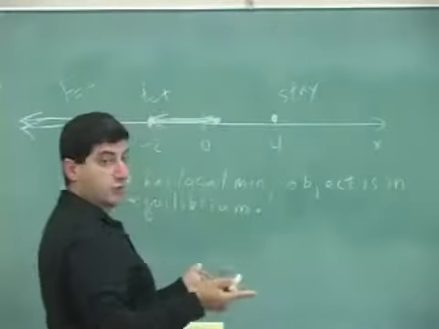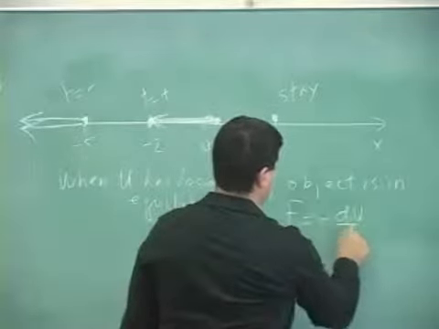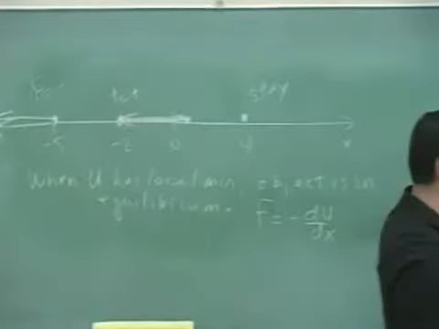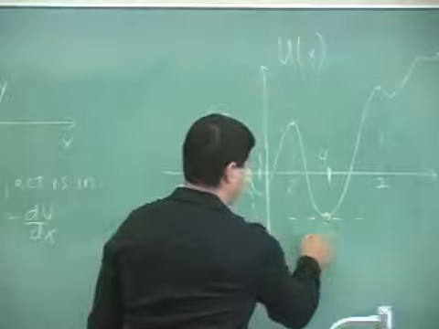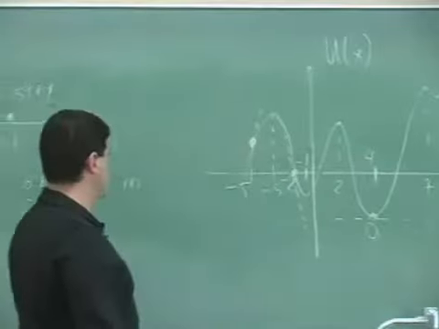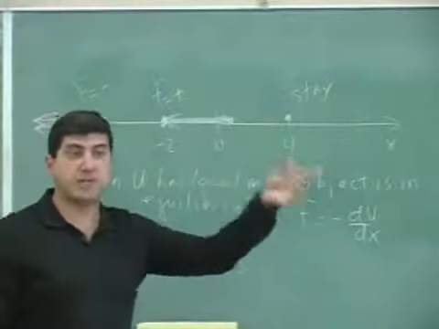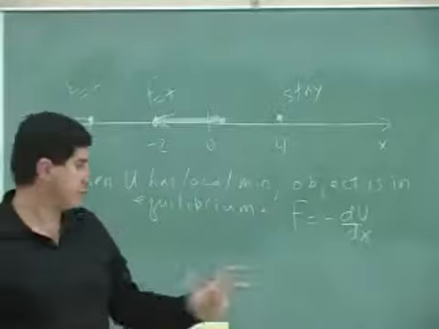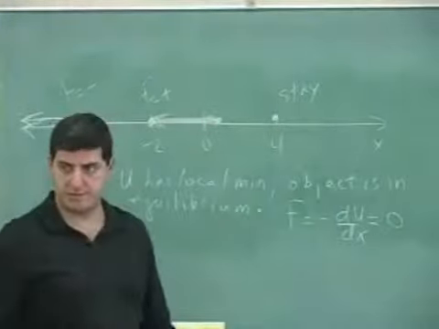The reason why is because when you take the derivative, right? When the object is here, you take the derivative. Well, the derivative at that point is 0, right? So therefore, when you place an object at the local min of the potential energy function, it feels no force. And therefore, when the force is 0, the object stays there.